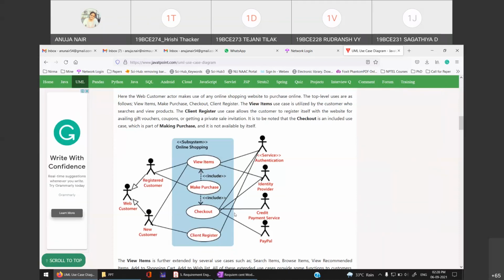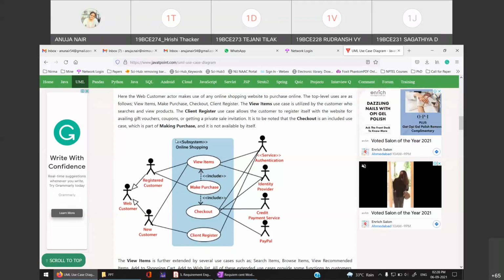The same way is represented over here by means of the system boundary. What the system boundary tells you is that all the use cases, which are nothing but your functional requirements, will be inside the system boundary and all the actors will be outside the system boundary.